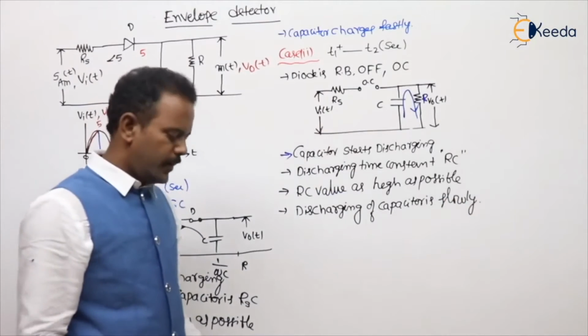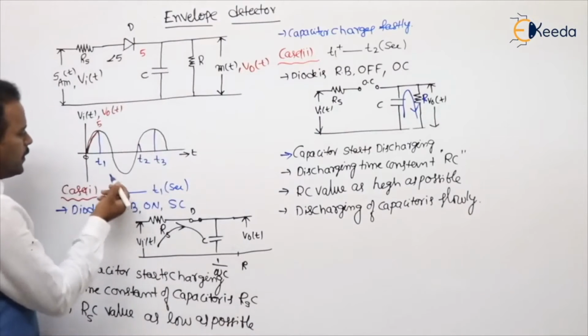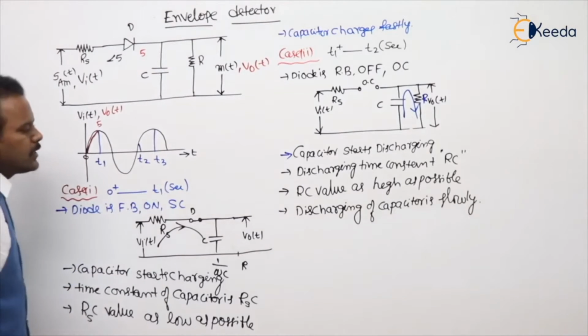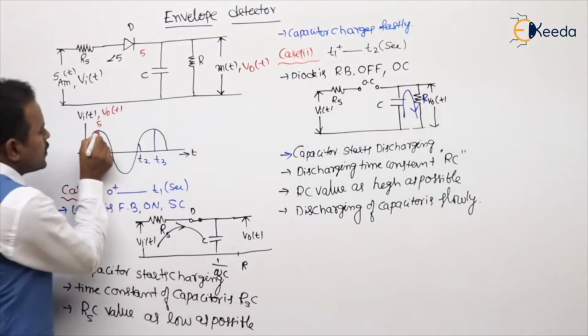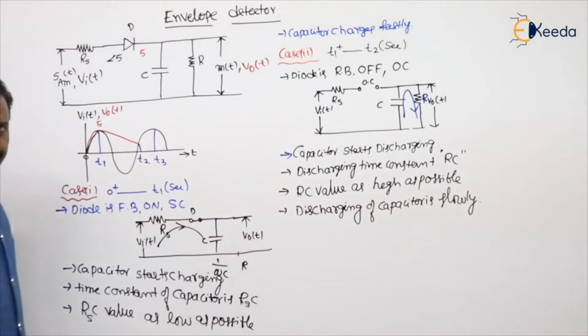Got my point or not? So from T1 to T2, the capacitor is discharging, and I maintain the discharging time constant high, so it is discharging slowly. So discharging slowly, it comes to that point.